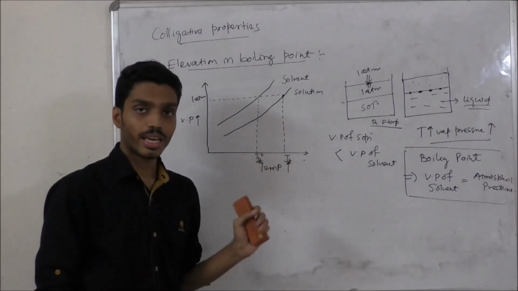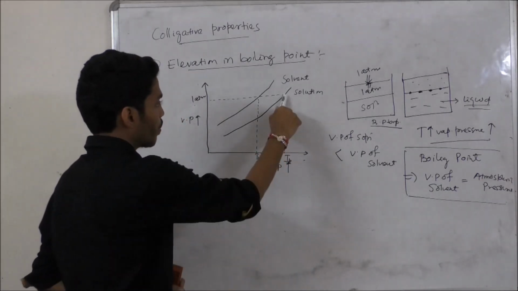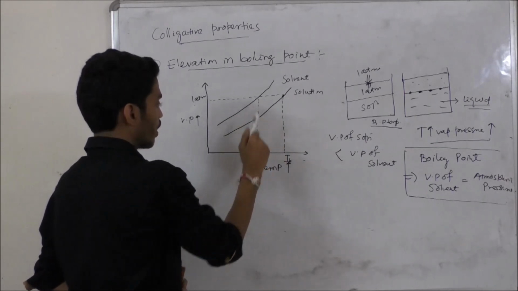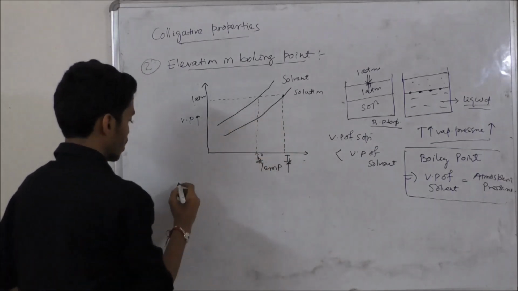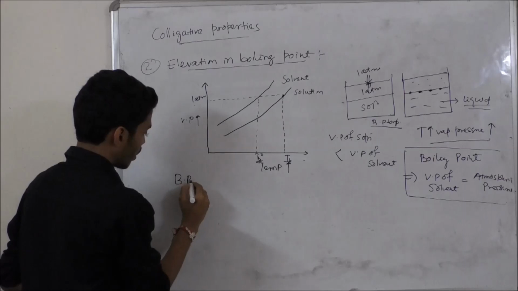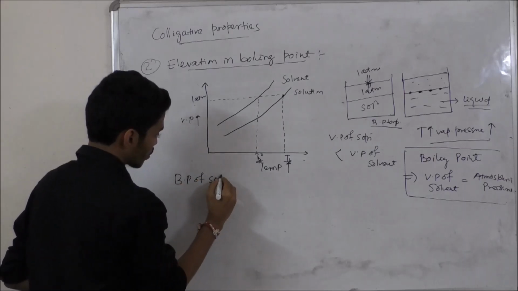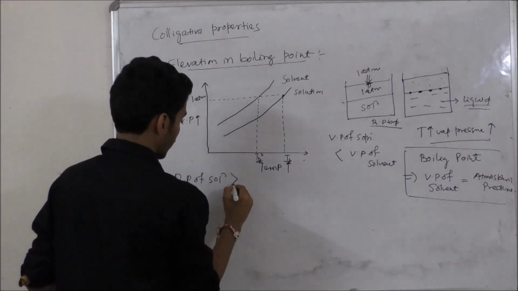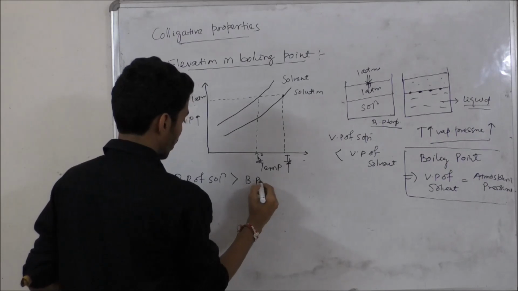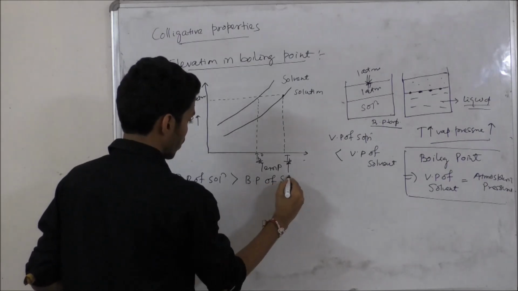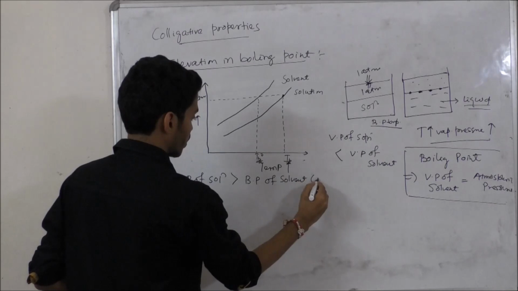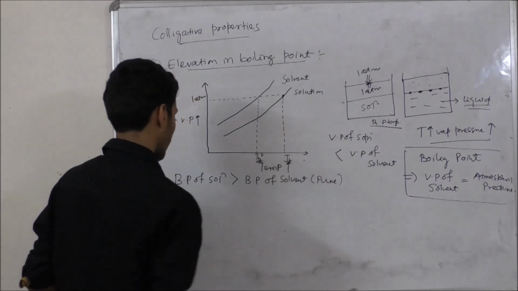So now from this same graph you can see that boiling point of solution is more, whereas boiling point of solvent is less. So boiling point of solution is more than boiling point of pure solvent.